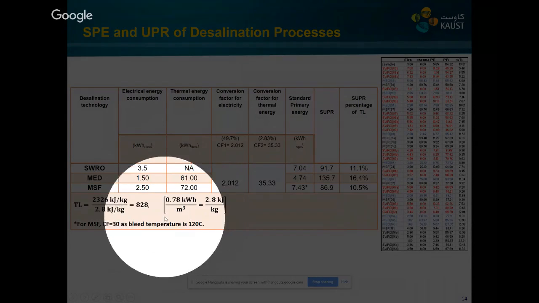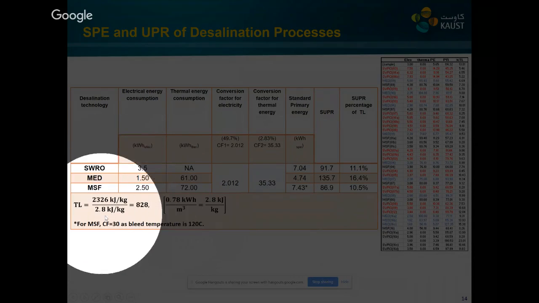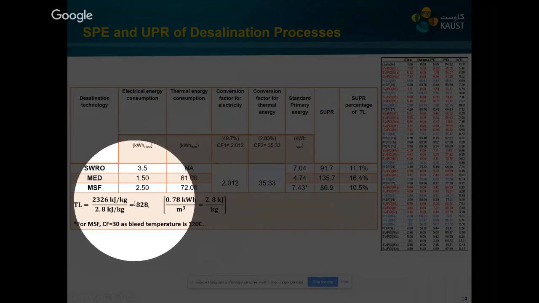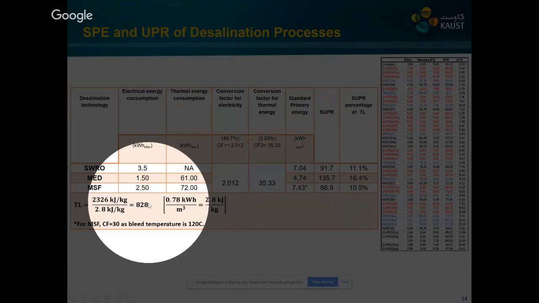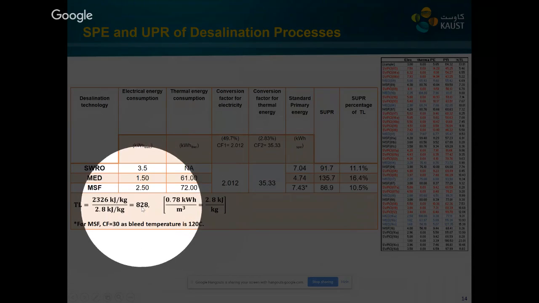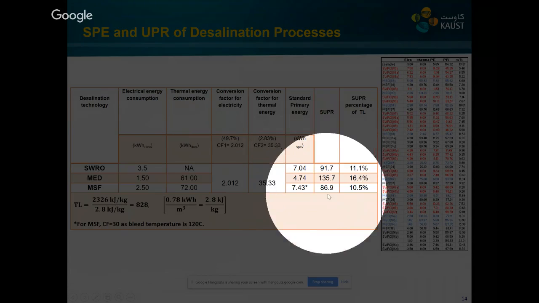If we use the thermodynamic limit, we can find the thermodynamic limit for the performance ratio, and that number is 828. So theoretically the system should achieve 828 at the thermodynamic limit, but of course practically it's not possible. But we can compare these numbers to find out the percentage of the performance.